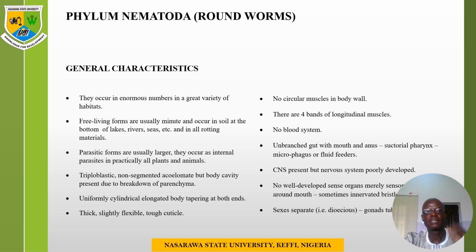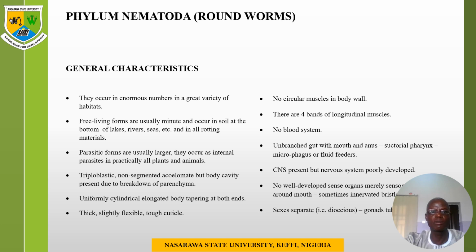We have another group of animals, and they belong to the phylum Nematoda. The nematodes are referred to as roundworms. They have the following general characteristics. They occur in enormous numbers in a great variety of habitats.